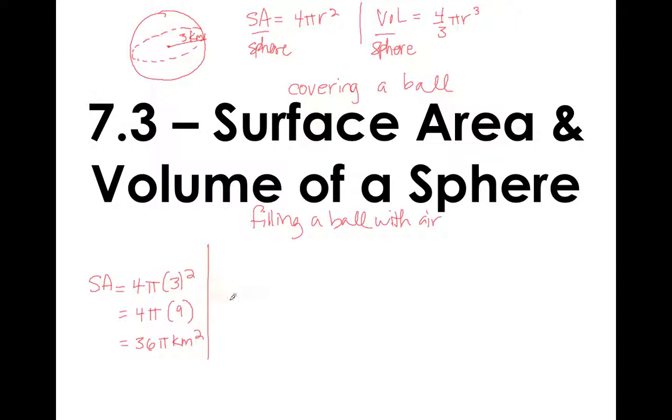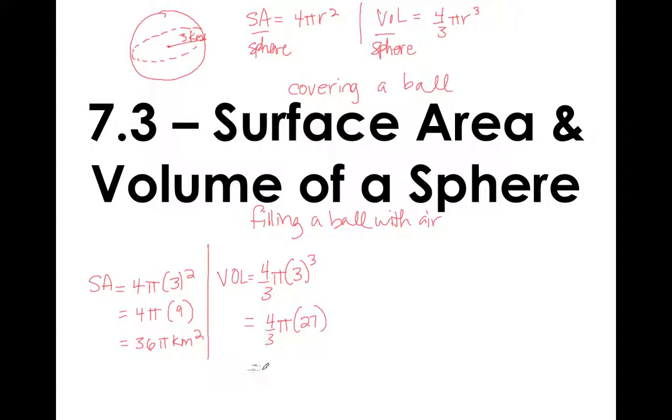What if I want to find the volume of that same sphere? Volume says that I can use that same radius, but now I cube it. I do 4/3 times pi times 3 cubed. That gives me 4/3 times pi times 27.